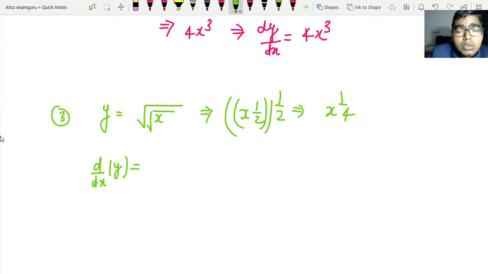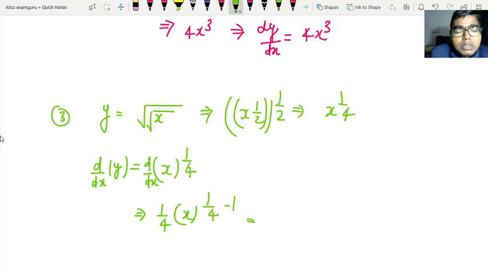So x to the power 1 by 4, and if you want to differentiate it, you have to do 1 by 4 into x to the power 1 by 4 minus 1.